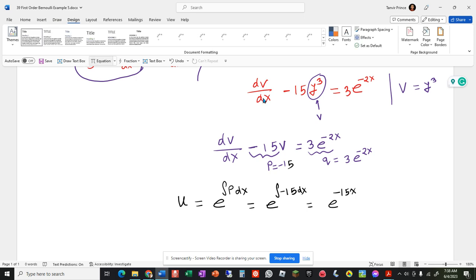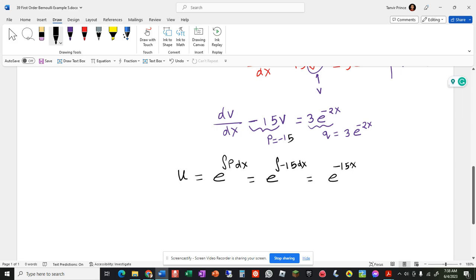So the v, just apply the formula for the v. So v is going to be equal to the integral of uq divided by u. So I'm going to replace the u by e to the negative 15x. So that goes in place of u.